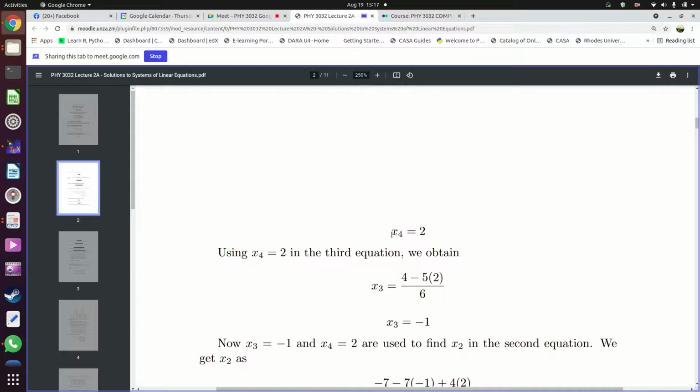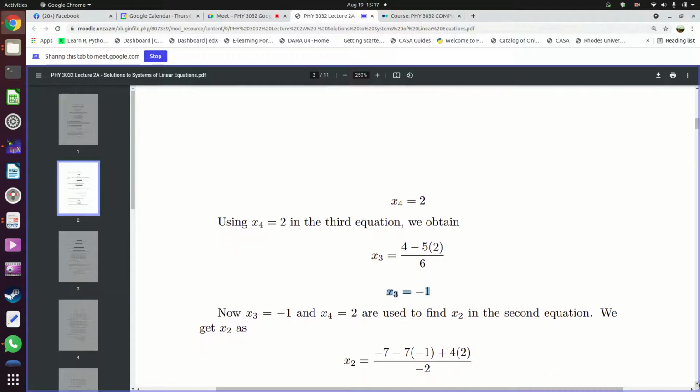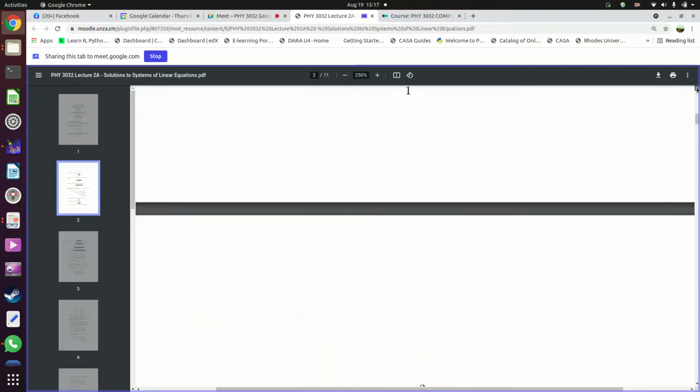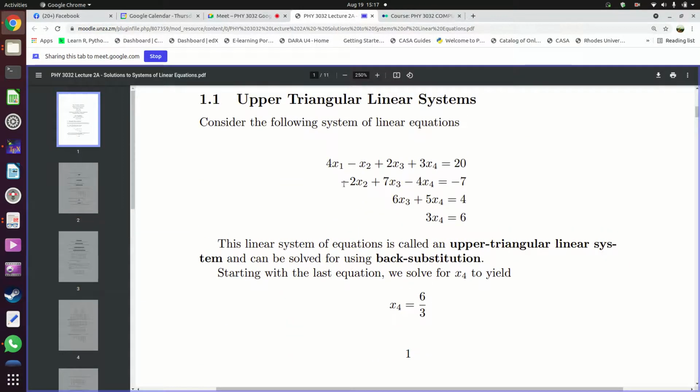So now we have found a value for x4, which equals 2, and a value for x3, which equals minus 1. Now that we know x3 is minus 1 and x4 is 2, we can use these values in the second equation to find our value for x2. This is our second equation. If we get these terms to the other side, we have minus 2x2 equals minus 7 minus 7x3 plus 4x4.